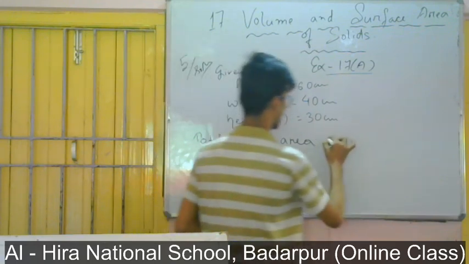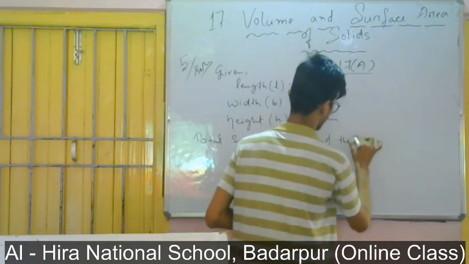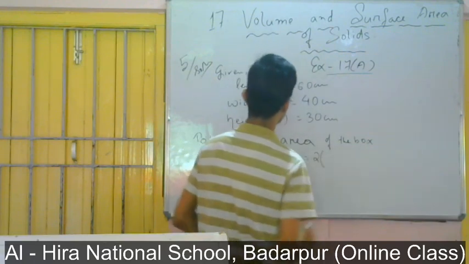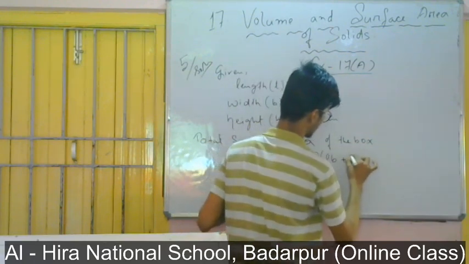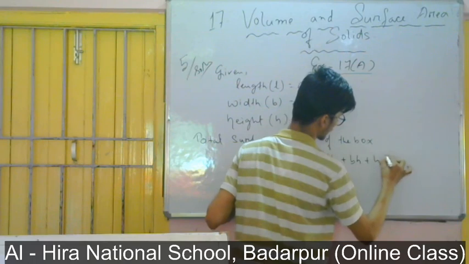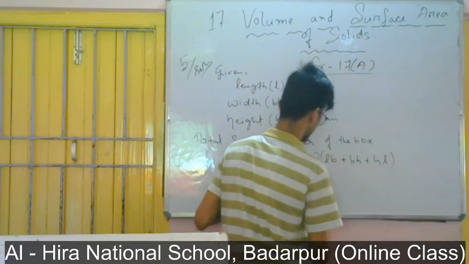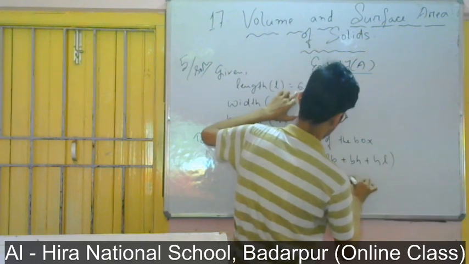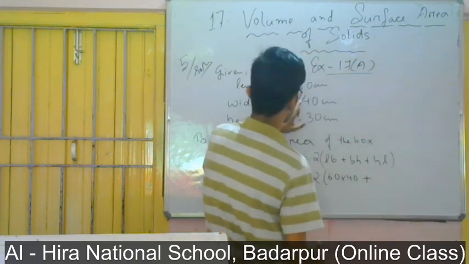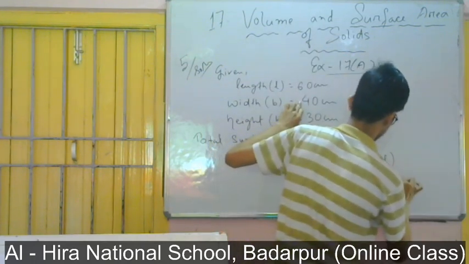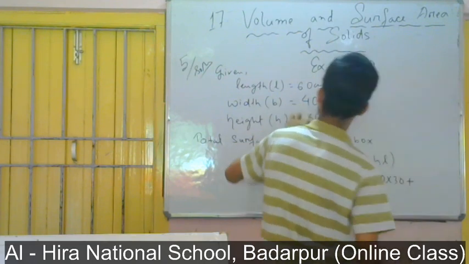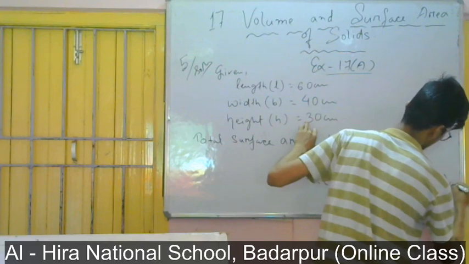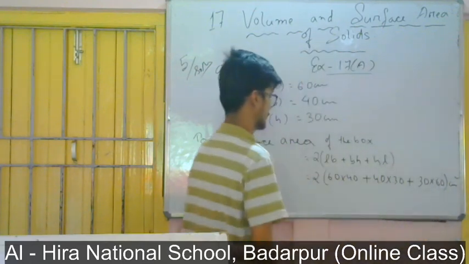Total surface area of the box equals 2 into (LB plus BH plus HL), which is 2 into (60 into 40 plus 40 into 30 plus 30 into 60), and the unit will be centimeter square.